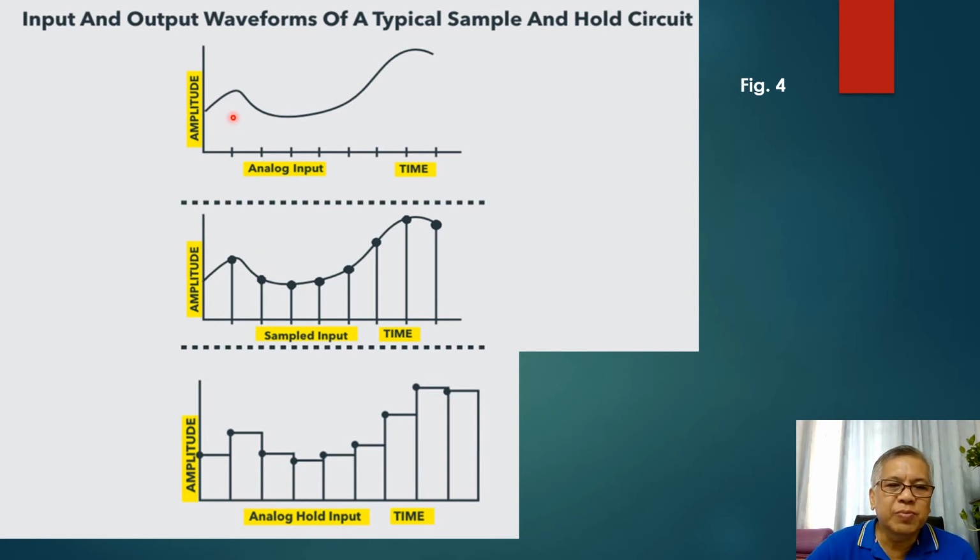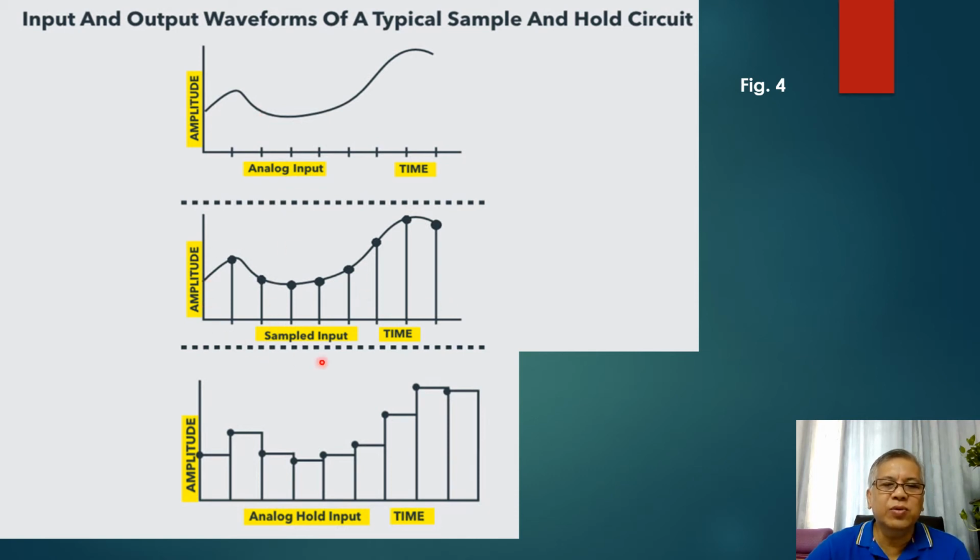Okay, so for this particular area, for example, it will be sampled here, and that will be this particular node here, the sample of this particular signal. And this one here is the sample of this particular area of your signal, and so on.